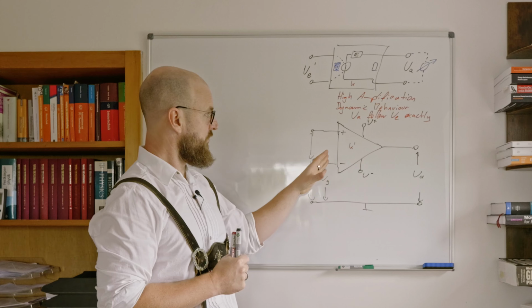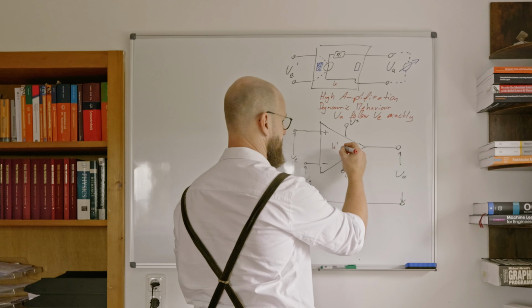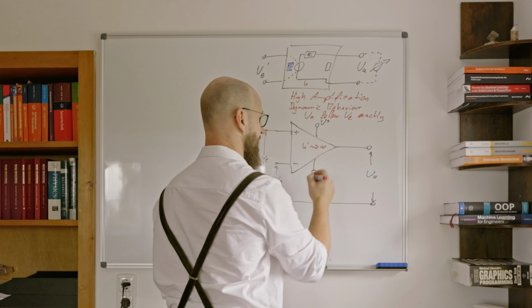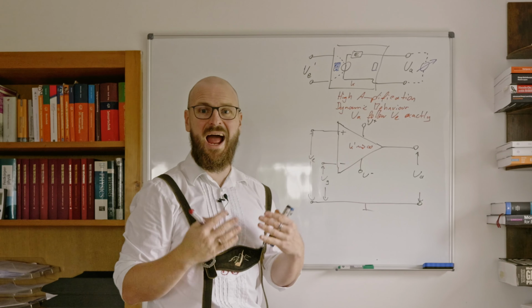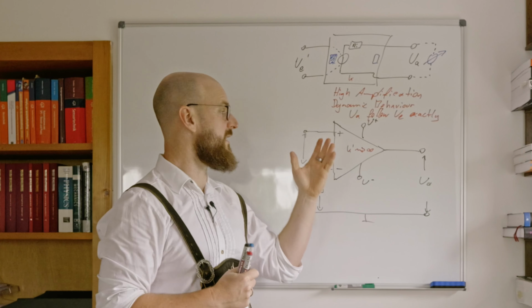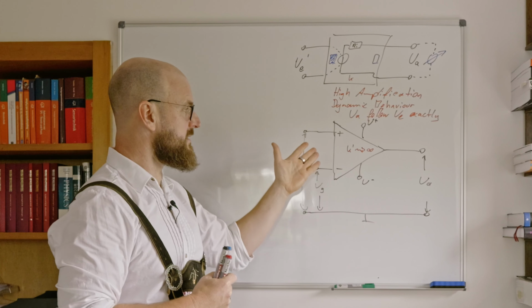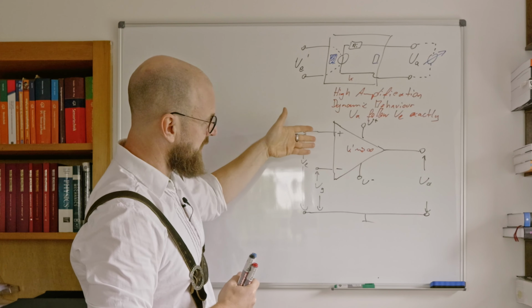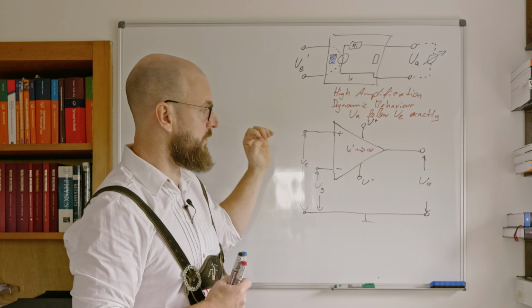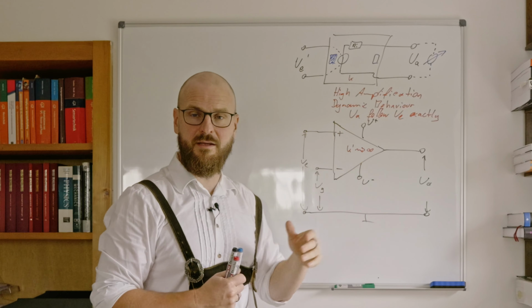Having said so, for the typical operational amplifier, those amplification factors tend to be very large, and for the ideal operational amplifier, it is assumed to be infinite. That means any voltage coming in here for the ideal operational amplifier is amplified by a factor of infinity.